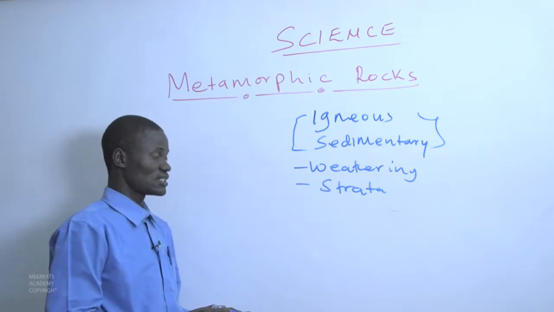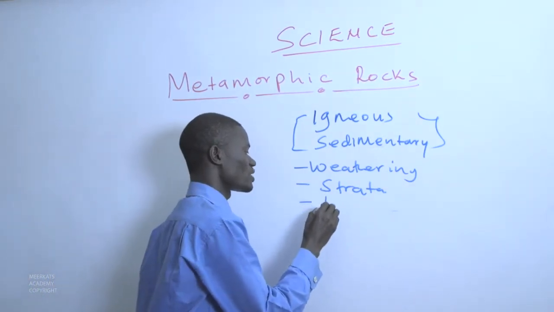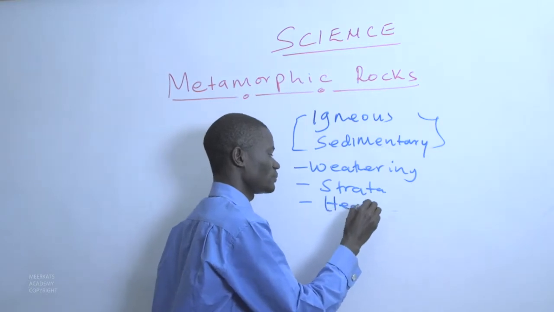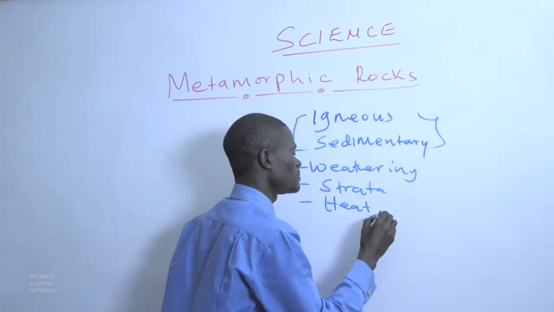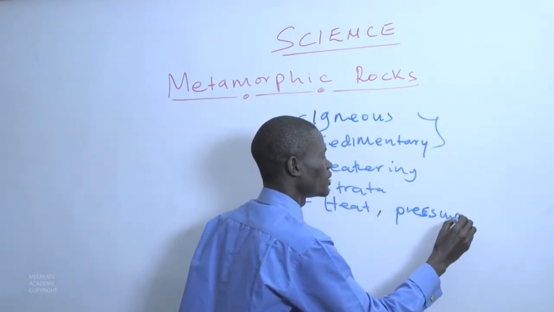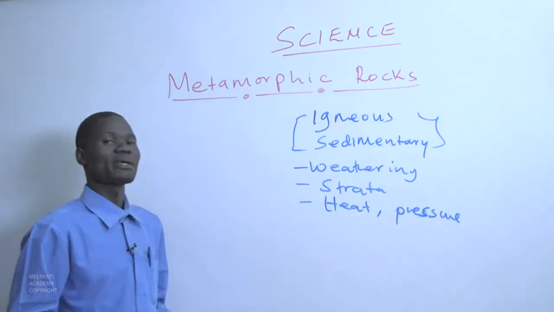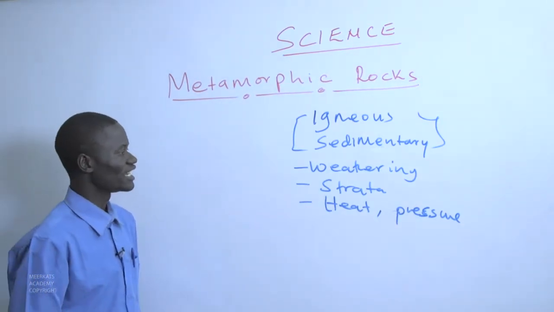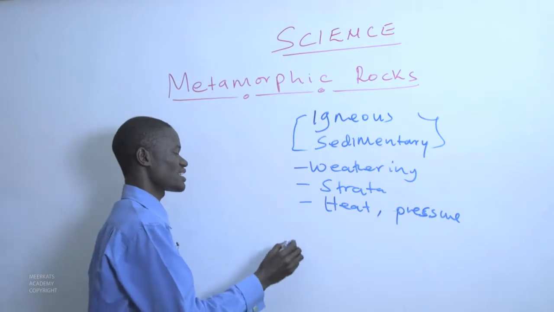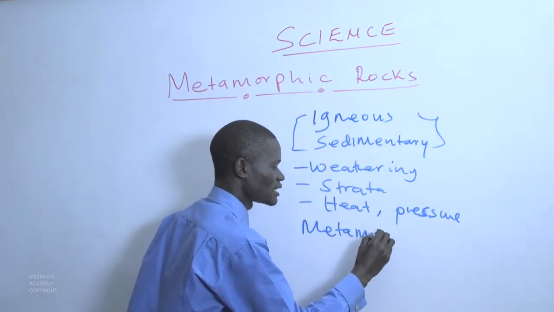When they are laid down in strata, they will be subjected to great heat and pressure. When they are subjected to pressure, they are going to be metamorphosed into a new structure of a rock. That kind of rock, we call it metamorphic rock.